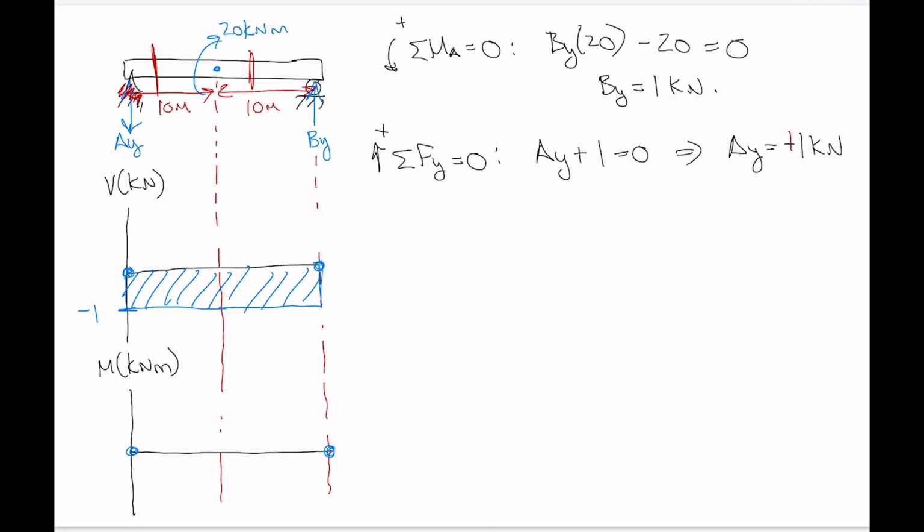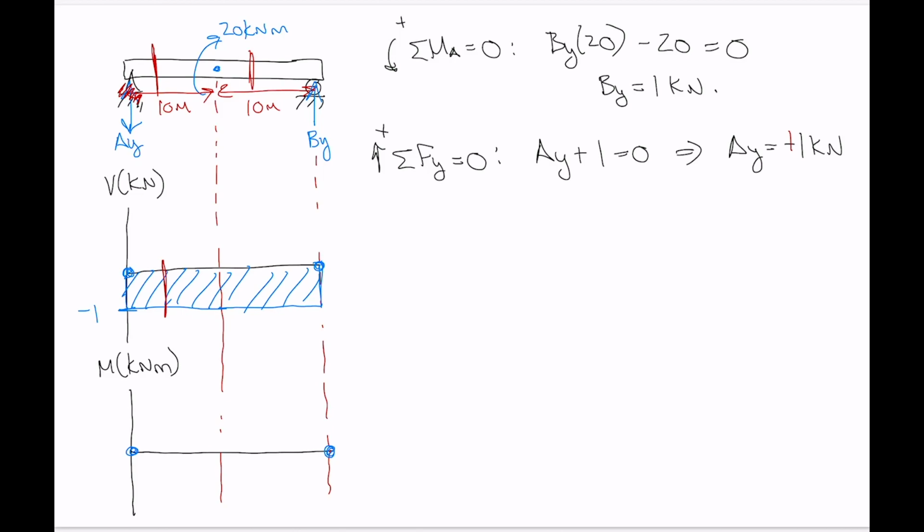So what do we have now? We do have a point moment, so that's in the center of the beam, so we're going to have a vertical jump when we get to that, but nothing on the left-hand side to start with. So we just start from 0, and then what we do is we look at the value of shear, and that gives us the slope of the moment diagram.